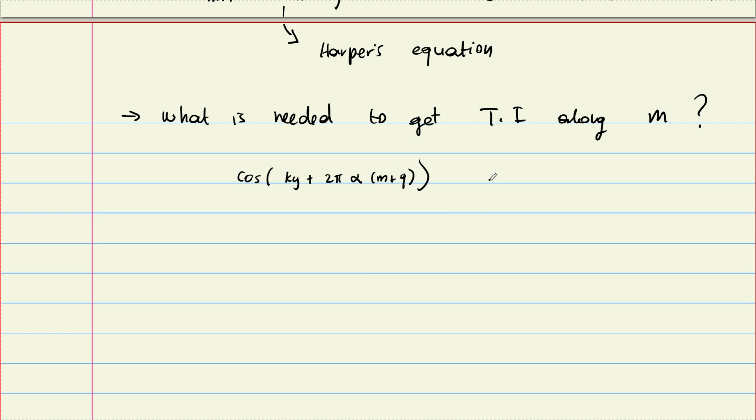And for this to happen, if this is equal to this, then alpha should be 1 over q. Then cosines are equal, because cosine x is equal to cosine of x plus 2 pi.